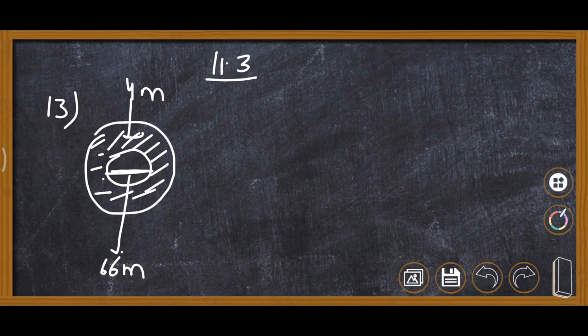First of all, inner radius and outer radius we will find. Inner radius is 66 upon 2, that is 33 meter.